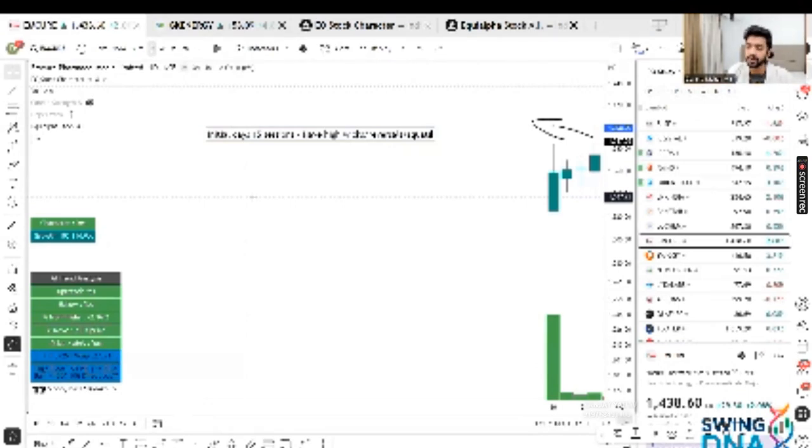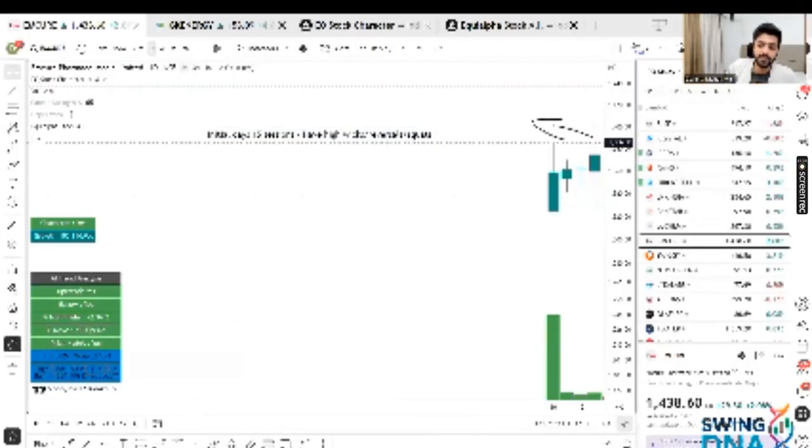So if you are attempting it, you should know that 80% of the time it will squat. Even if the market is good, even if the market is bad, irrespective of the market, I'm telling you this fact, because we have discussed examples of different time zones. Even if the market is very good, still you will find high squats. Even if the market is bad, still you will find a high level of squats.